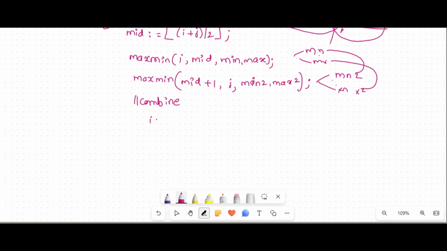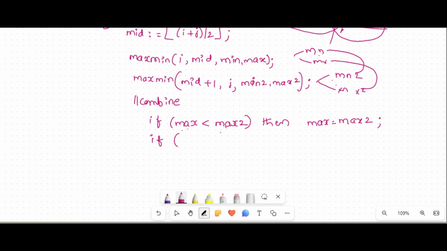So that means compare: if the left sub-array maximum element is less than the right sub-array maximum element, then which one will become the maximum element? Then the maximum element will become max2.